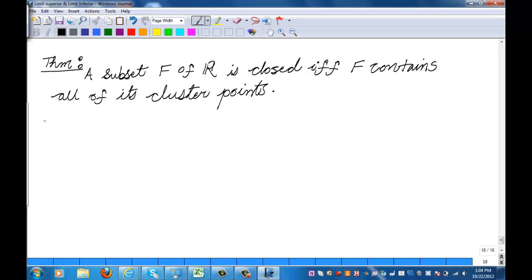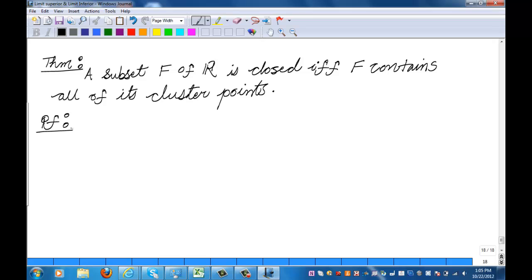Okay, so how do we prove this? This is an if and only if statement, right? Previously we showed that a subset is closed if and only if every convergent sequence in F converges to a point in F. Today what we have is F is closed if and only if it contains all of its cluster points. You guys remember what a cluster point is?